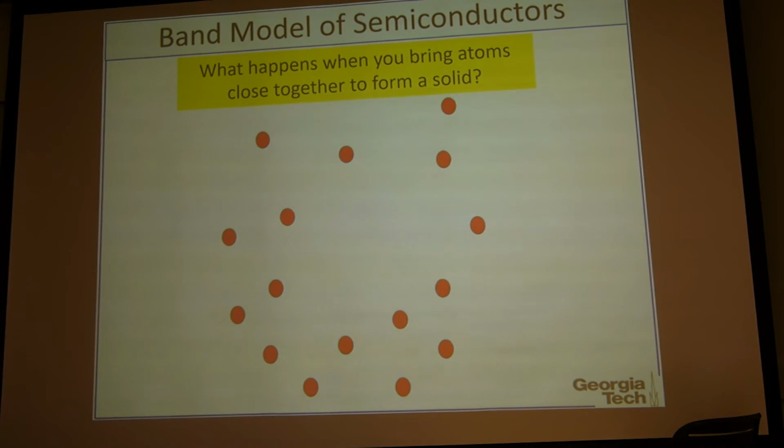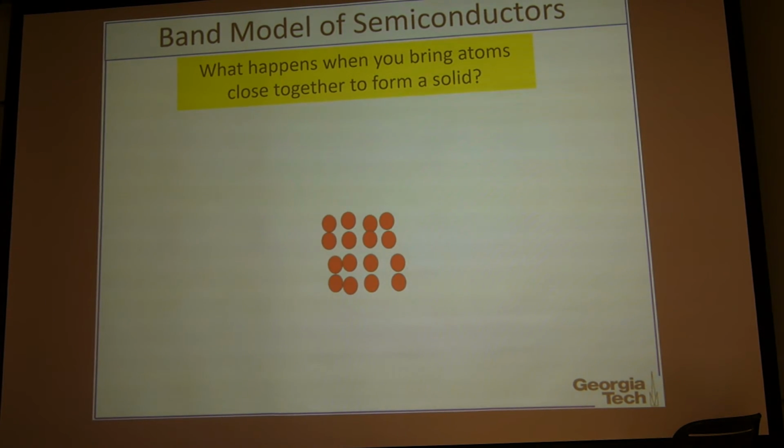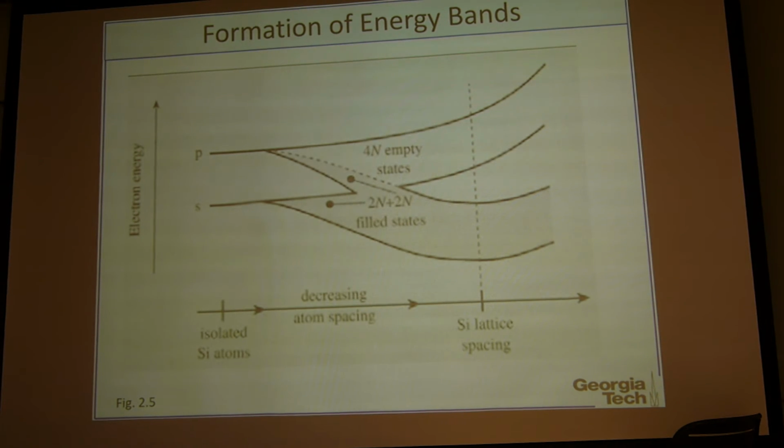So again, this is the question: when we bring this together, what will happen? Conceptually, for an individual silicon atom we see the 3s and 3p as discrete energy levels.